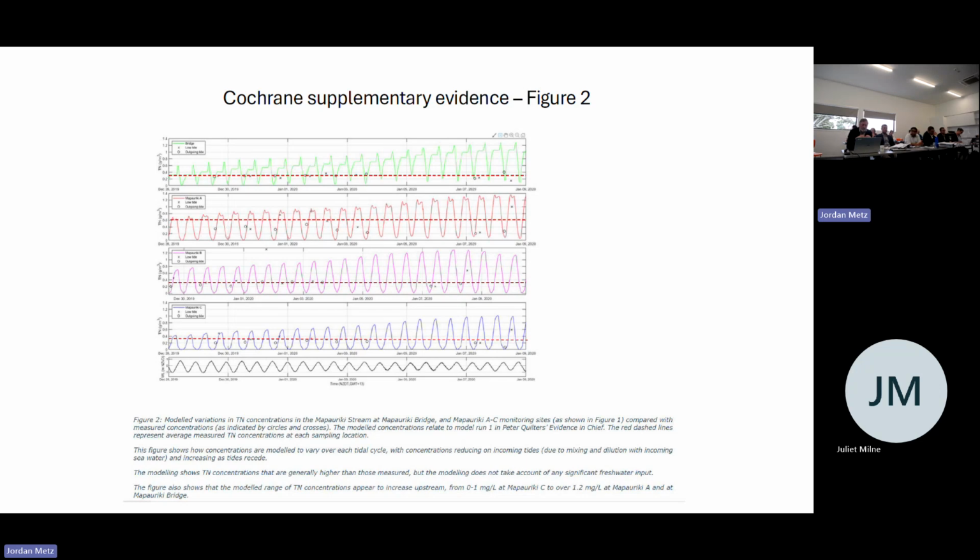So what the modelling has told me is probably two things that are different from when I was last in the hearing. One is the upstream influence, so that's different. We're not necessarily seeing that difference in the data that we've collected at the Matarangi bridge, which is the top one there. But we recognise that the model is showing that variation, so it may be something we missed.